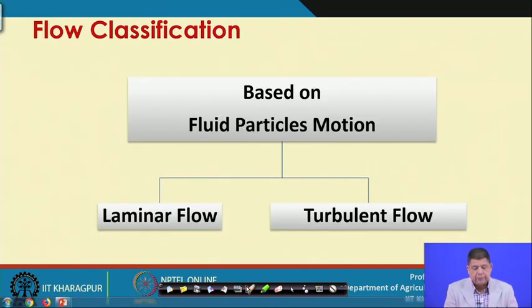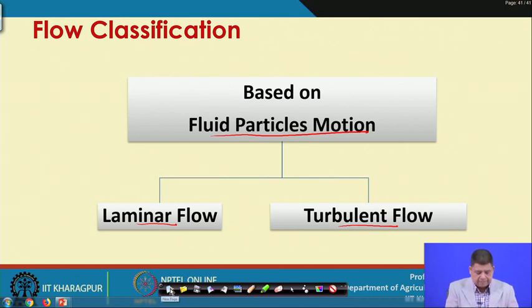Then coming to the flow classification, based on fluid particle motion, flow is basically classified into two categories, laminar flow and turbulent flow. We know that if it is laminar flow, the flow will follow streamlines, whereas in turbulent motion streamlines will not be followed.